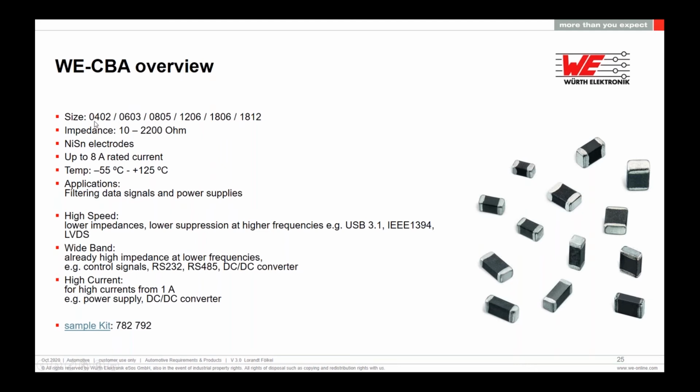Okay, 0402 is not the best to solder by hand, but Würth Elektronik produces also up to 1812 sizes, so we are not stopping at the 0805 size like many other competitors. You will get them also in the bigger sizes, no problem, with excellent filtering efficiency and low cost on the PCB. If you know exactly where the noise is produced, this is the easiest way to absorb it.